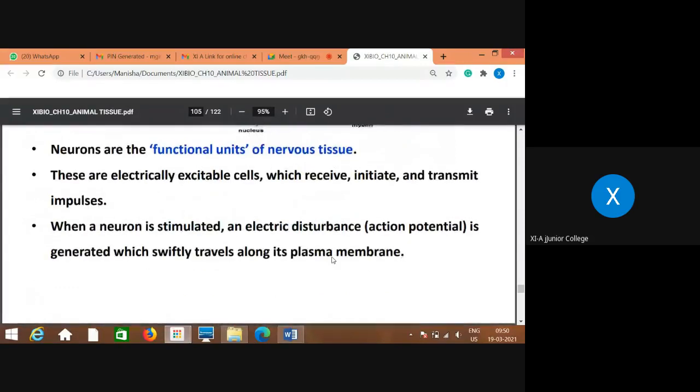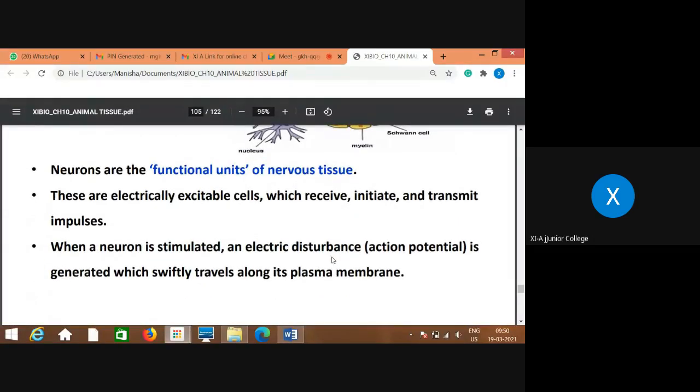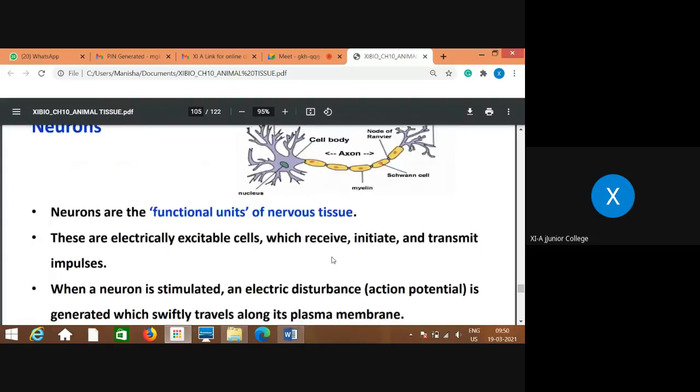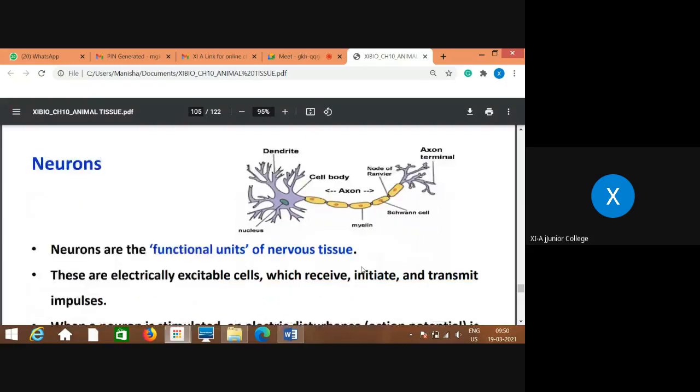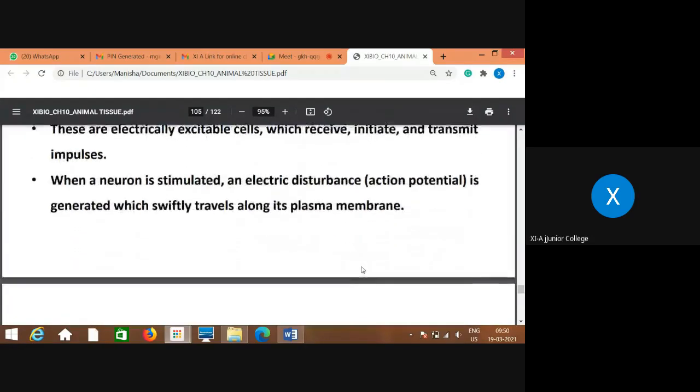When a neuron is stimulated, an electric disturbance, that is the action potential, is generated, which swiftly travels along its plasma membrane. This plasma membrane in the case of a neuron is called neurilemma. In the case of an axon, it can be called axolemma, or that is covered by the sheath called myelin sheath, that is the fatty sheath.